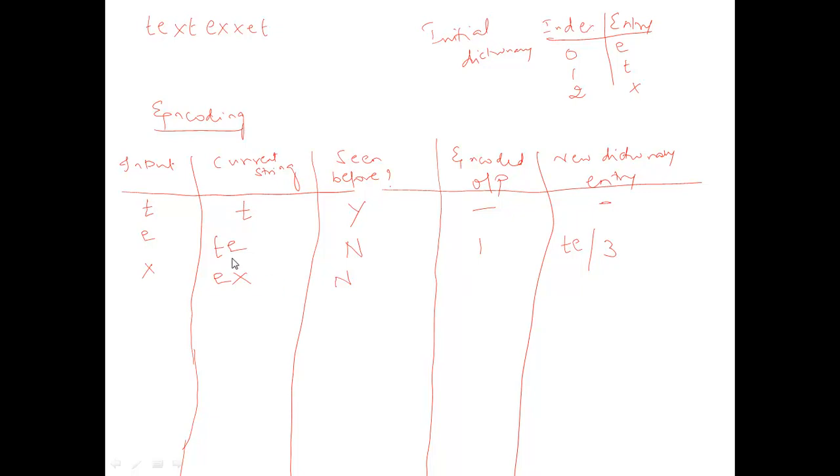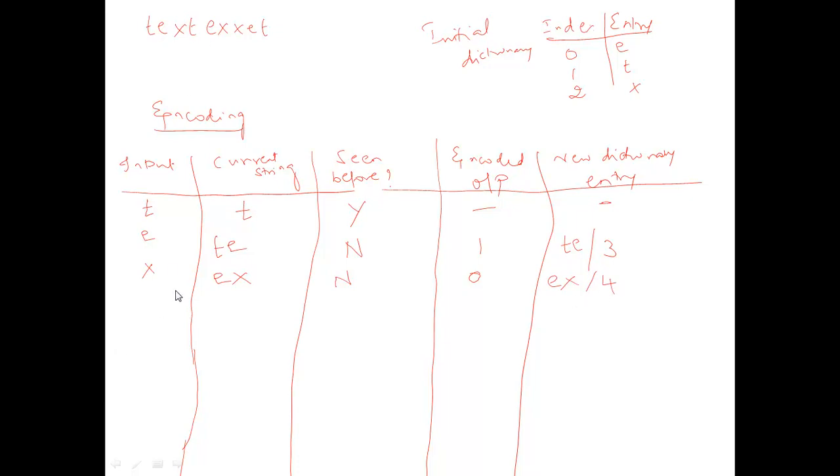So, previously unencoded is only E, and the index of E is 0. So, you will write it as 0, and you will update the new dictionary with the current string. The current string value is EX, and the index for this is 4, because 3 is already filled with TE. Now the new entry EX is coming in the address 4.